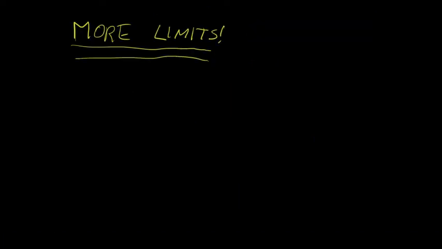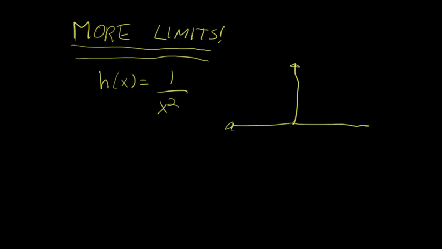We're going to take a look at one more limit here, and we're going to stick with the function h of x equals 1 over x squared. I'm just redrawing it here.